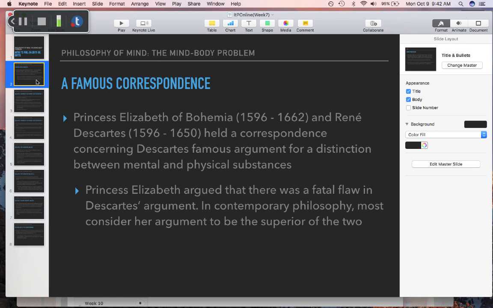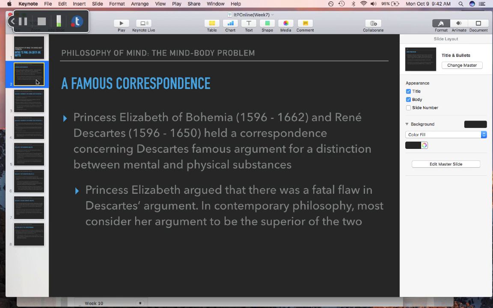Princess Elizabeth says that Descartes' argument ultimately doesn't work, right? That there is a fatal flaw in his argument, that it can't really explain something that really needs to be explained. It creates a problem which is insoluble, right? Insolvable. And as I said, most people, as history has progressed, have seen that Princess Elizabeth's side was the more correct one.